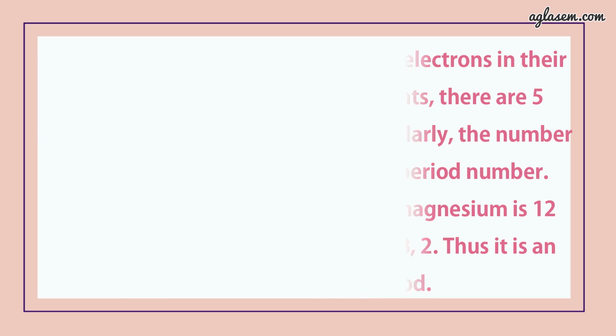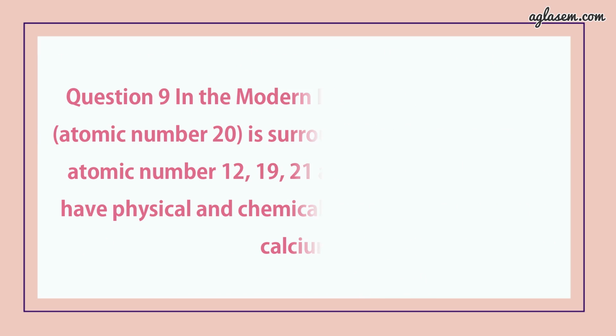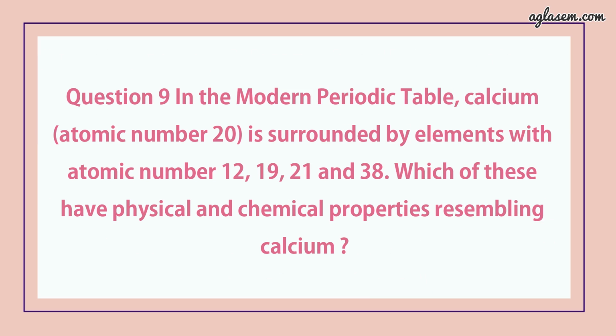Now, question number 9 says, in the modern periodic table, calcium, that is atomic number 20, is surrounded by elements with atomic number 12, 19, 21 and 38. Which of these have physical and chemical properties resembling calcium?